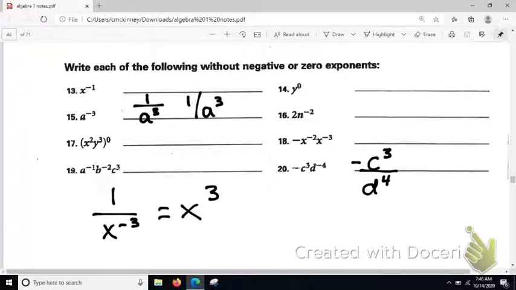Number 17, anything to the 0 power. No matter how messy it was inside that parenthesis, if it was all being raised to the 0 power, it would just all be equal to 1.